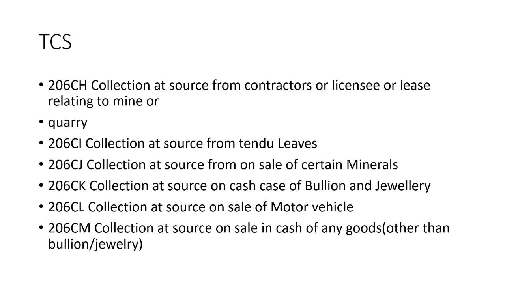Then collection at source from contractors or licensing relating to mines. Whenever a government gives a mine under license, the government collects money from the miners and they have to collect the tax extra in the form of TCS. Then tendu leaves, sale of certain minerals, bullion and jewelry. Whenever a jeweler sells jewelry, both bullion as well as jewelry, the tax is required to be collected.